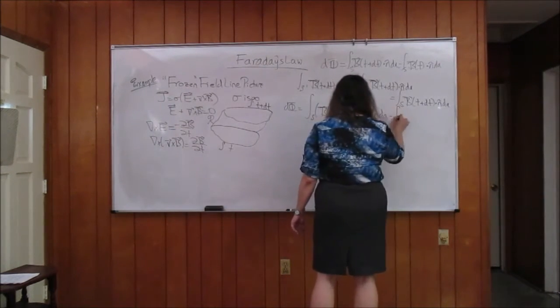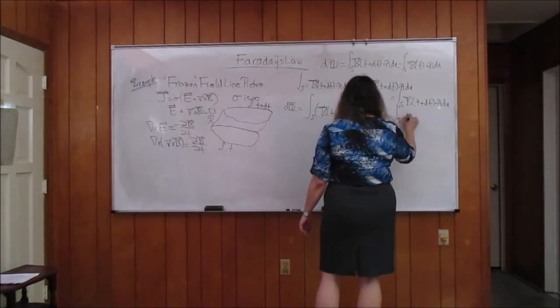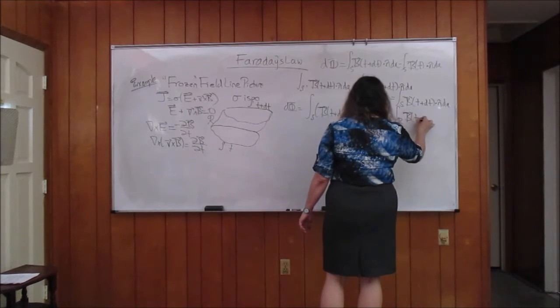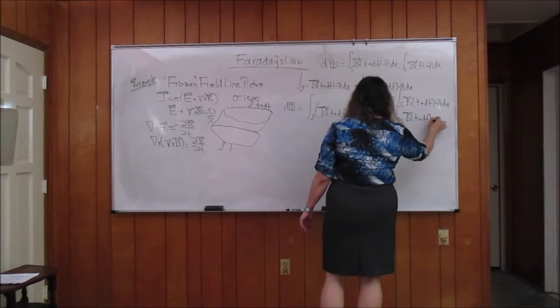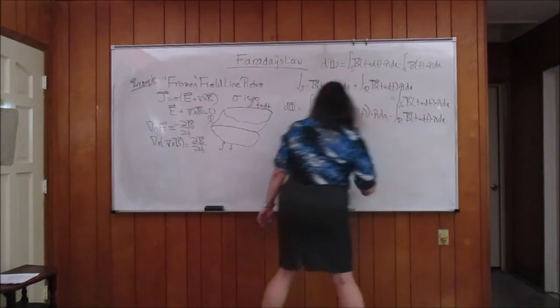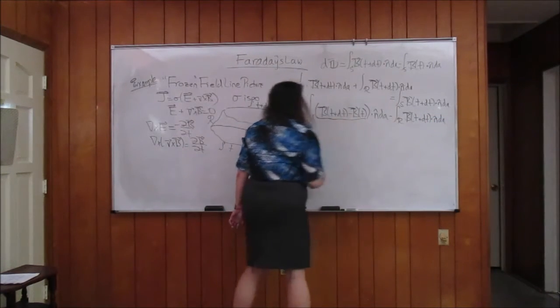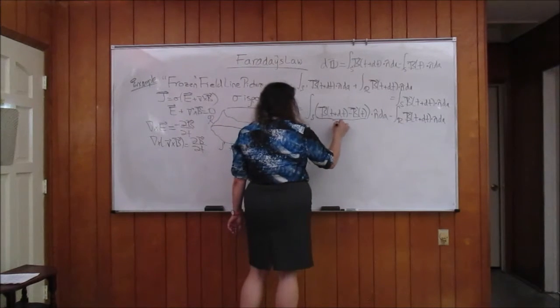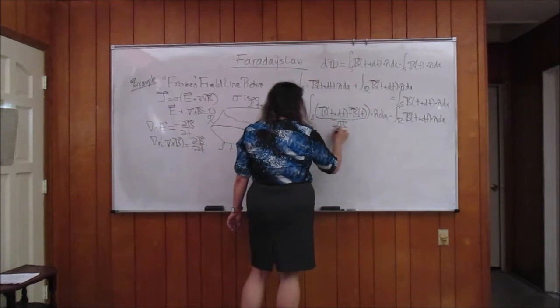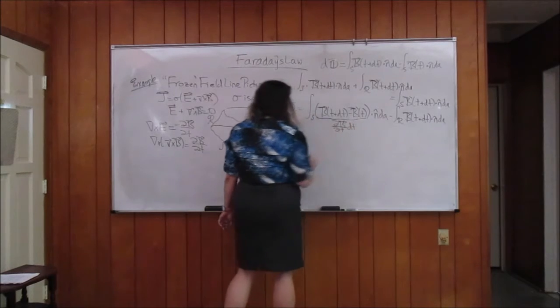And then we've got the contribution from the ribbon. If dt is infinitesimally small, I can replace this by the partial derivative of B with respect to time times dt.